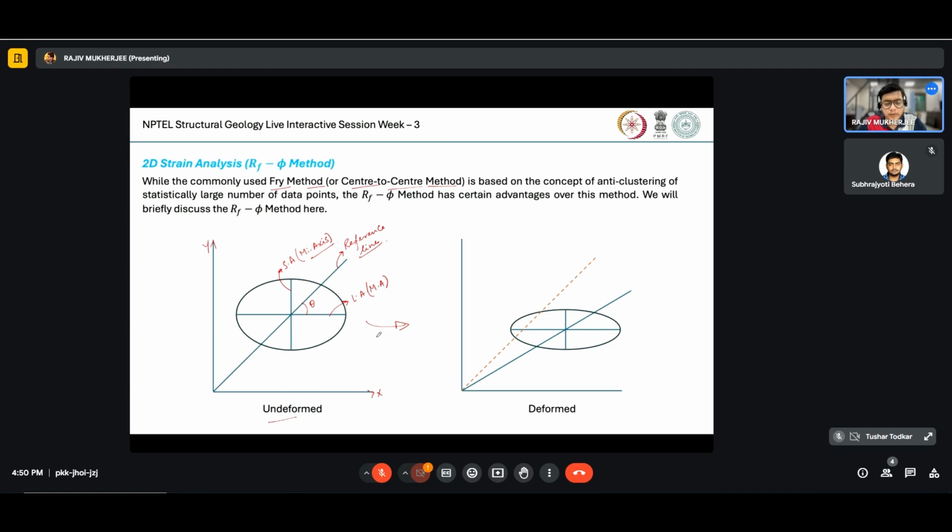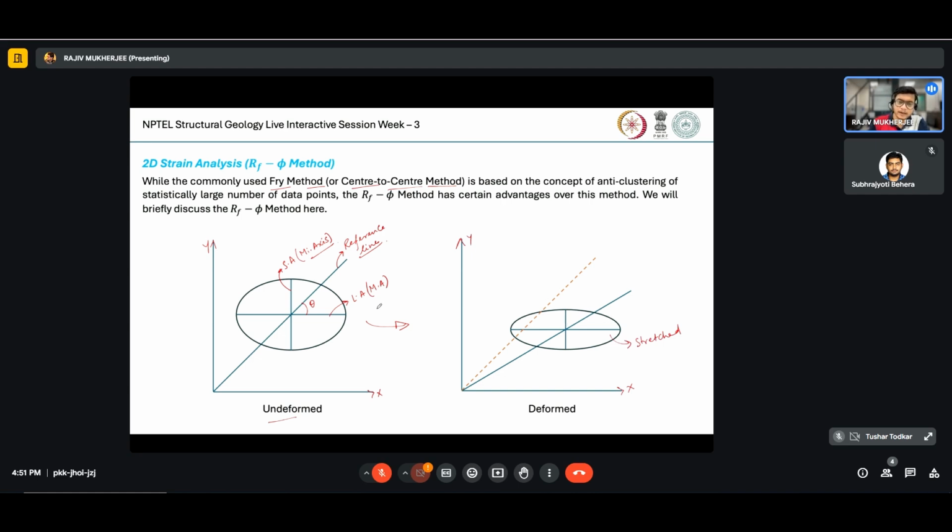So if we impose a subsimple shear to this elliptical marker with an original orientation of theta with a reference line, now after deformation, we get this shape. The marker obviously has stretched. The long axis has increased.